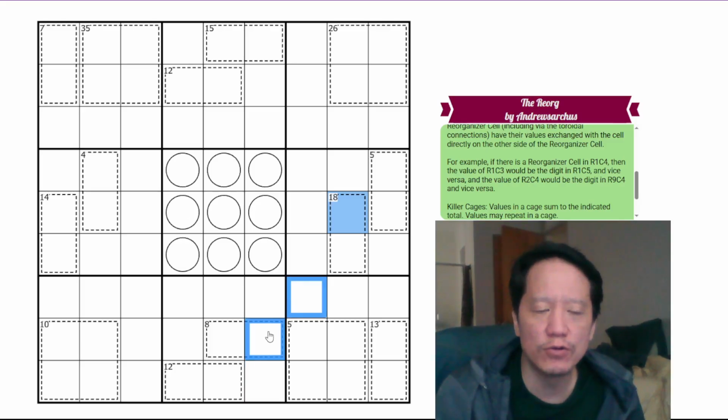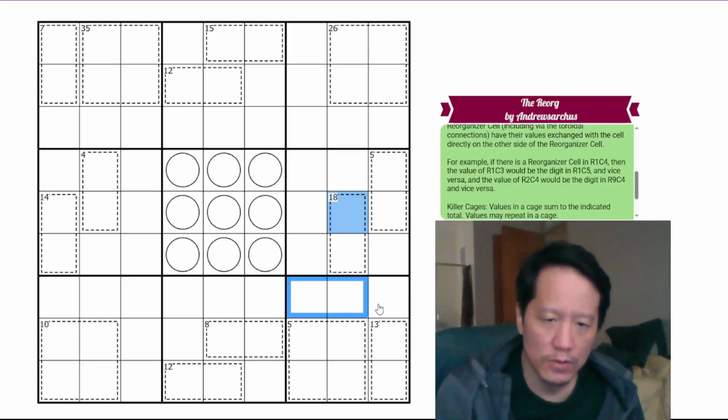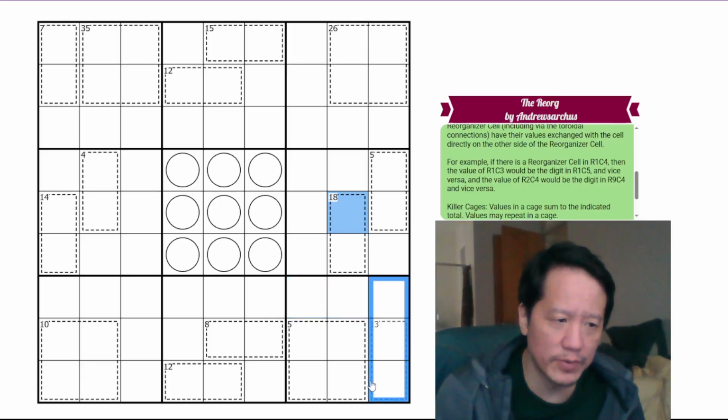You can't have reorg cells touch each other. So this would not be okay, so you have to reorg twice here, right?